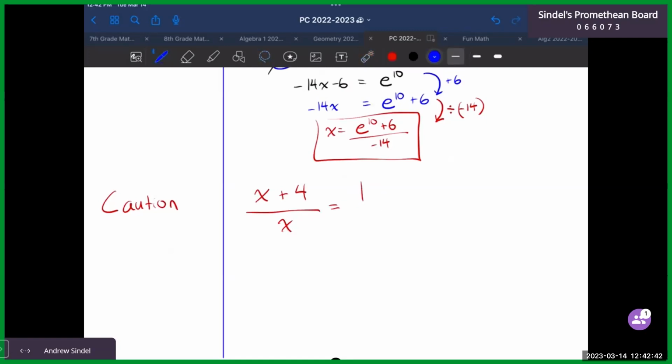You're allowed to go through the diagonals, it's kind of like cross multiply. So I'm gonna have x plus 4 is equal to x. And watch what happens now. Minus x, 4 is equal to 0. Whenever you have something like this, this is no solution.